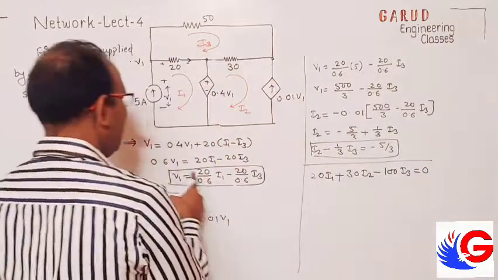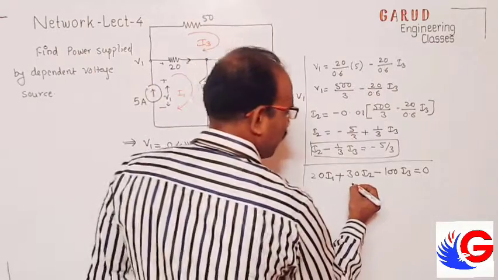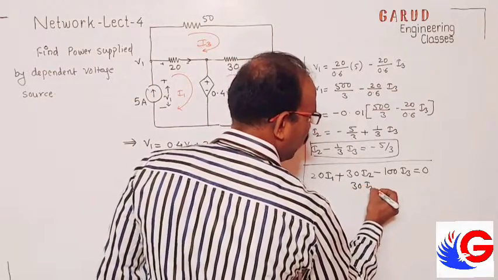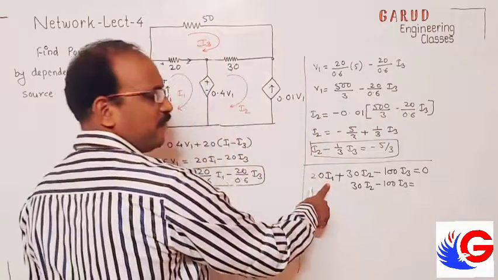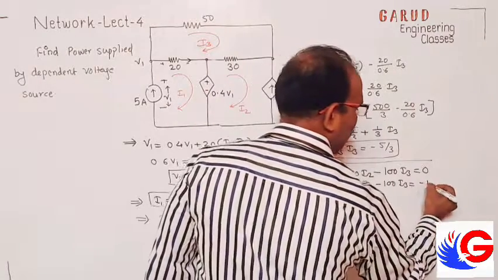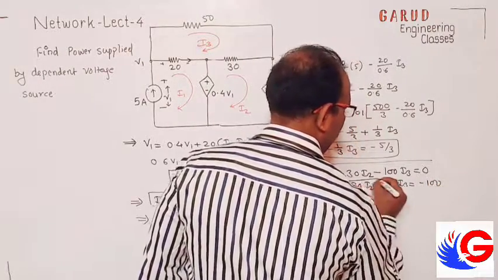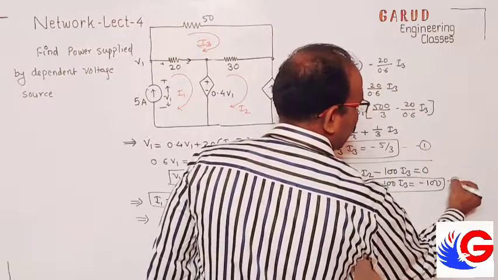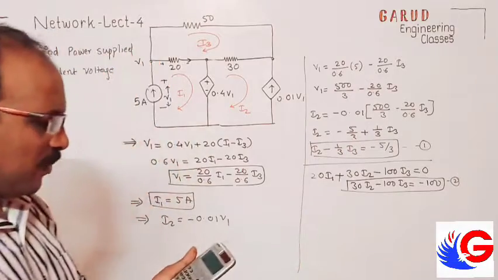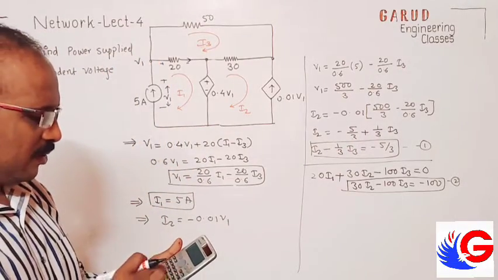What is the value of I1? The value of I1 is 5. So I write 30 I2 minus 100 I3 equals, if I write 5 here, that will be 100, so minus 100. This we can treat as equation 1, and this as equation 2. In terms of I2 and I3, we solve this.